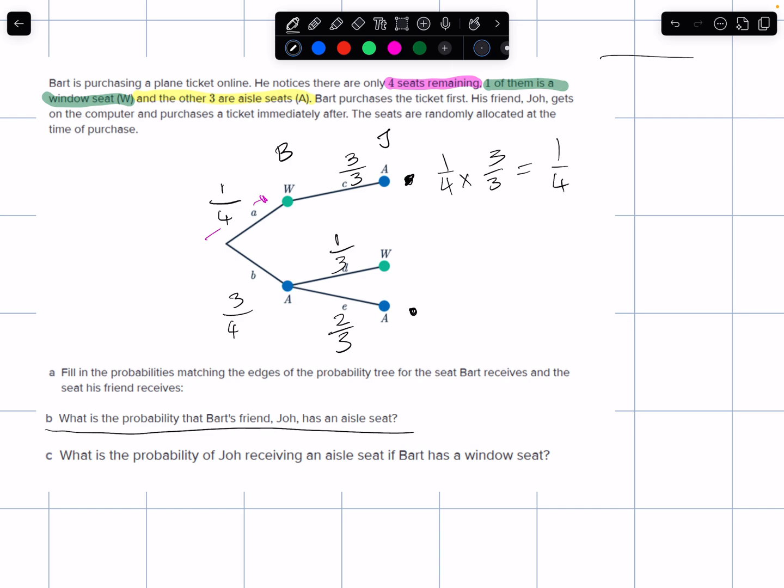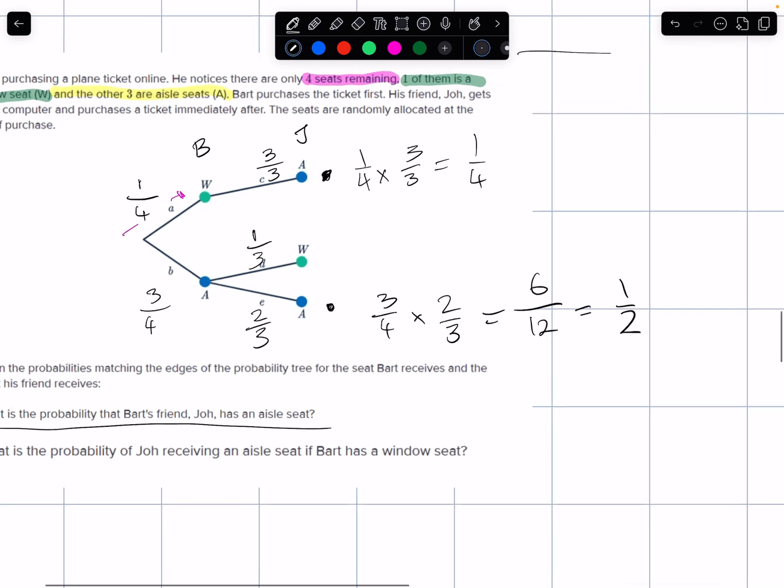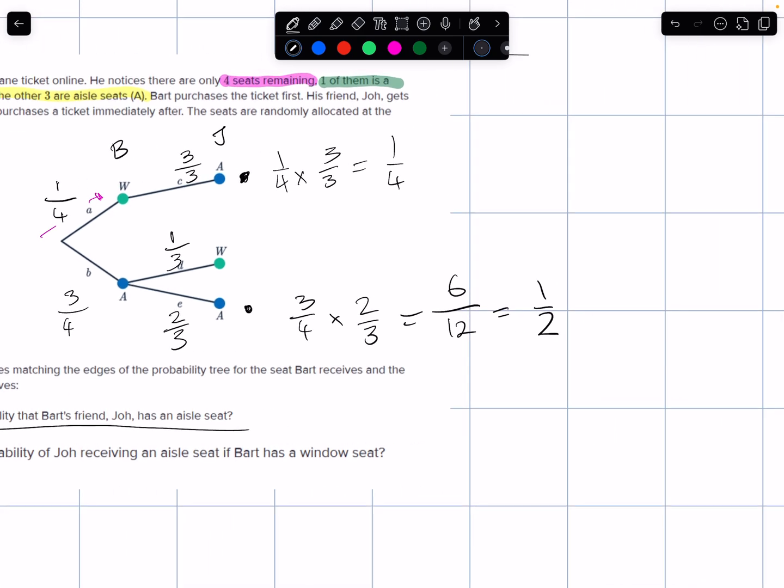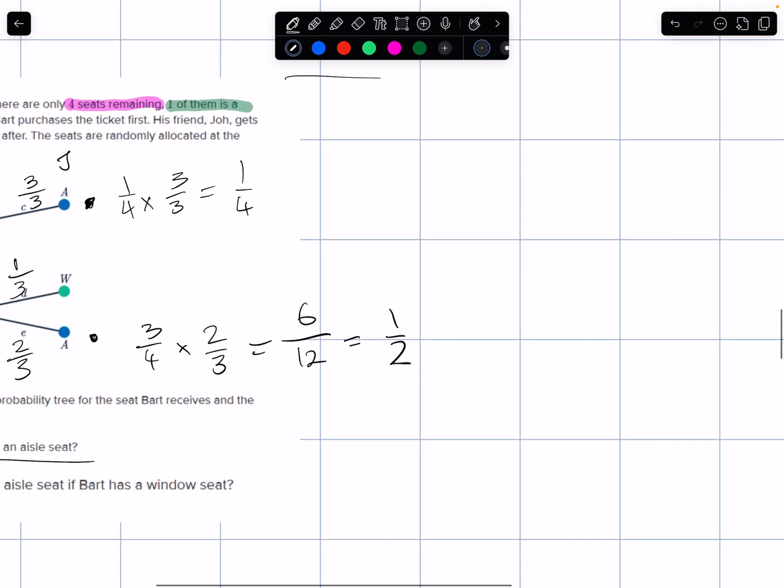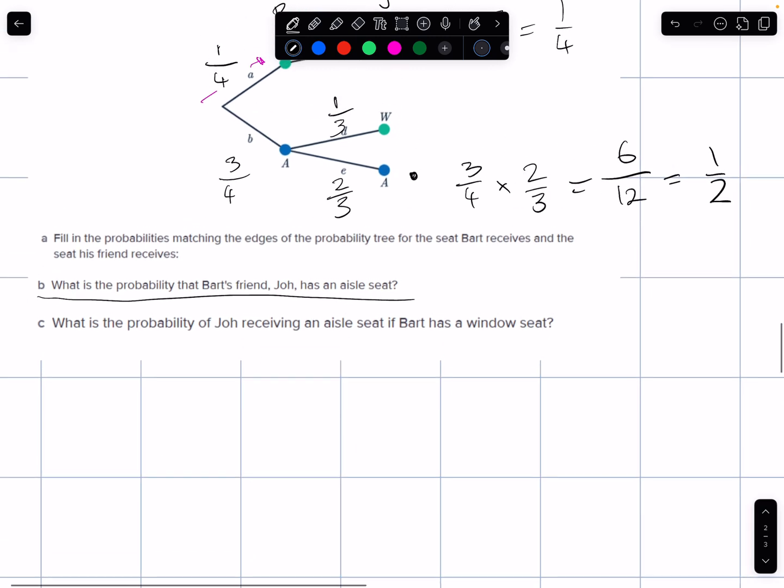The probability of this path is 3 out of 4 times 2 out of 3, which is 6 out of 12, which is a half. So the probability of these two things happening is a half plus a quarter, which is a 3/4 chance.